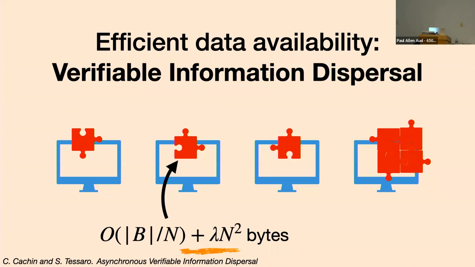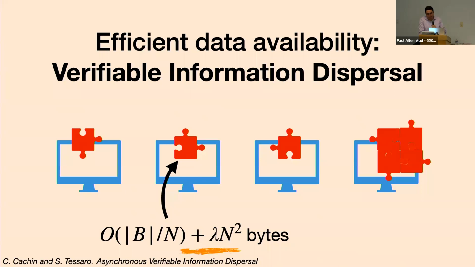State-of-the-art VID protocols have an additional complexity that's quadratic in the size of the system. This is there because they need to ensure that the encoding was done correctly. To do that, they include cross-checksums in every message that they send as part of the dispersal process, and that gives you a quadratic overhead.